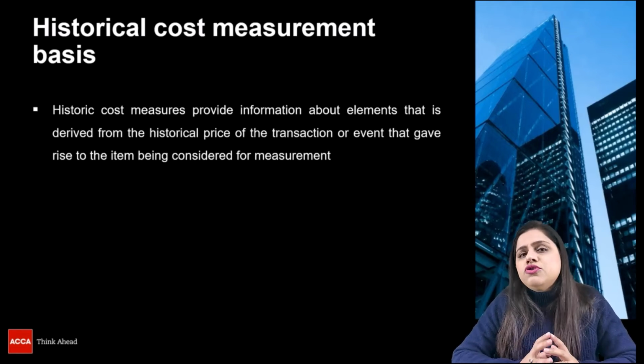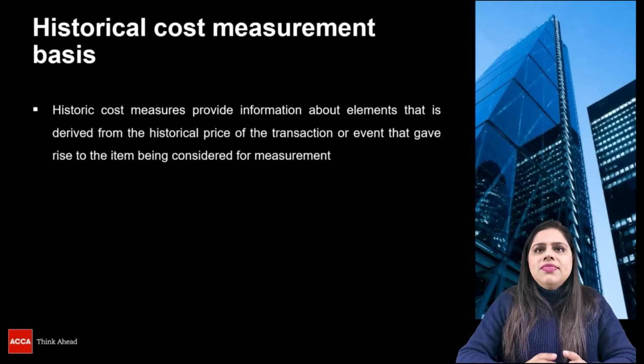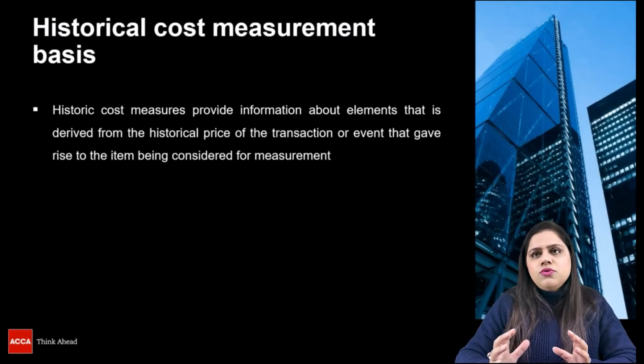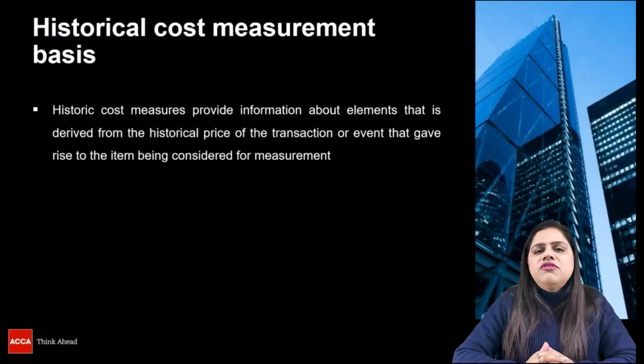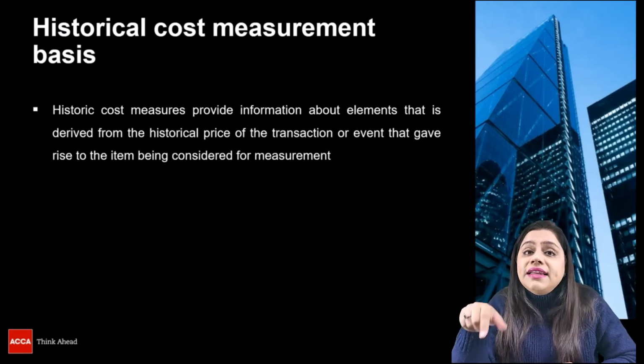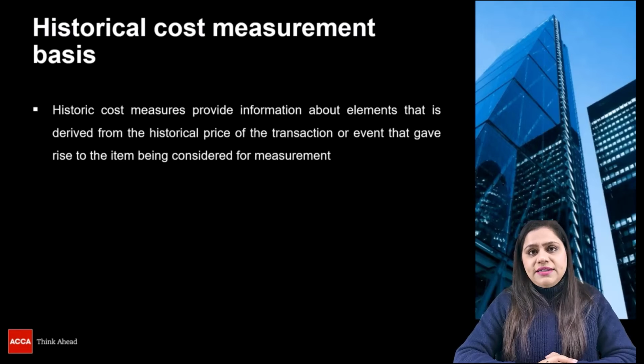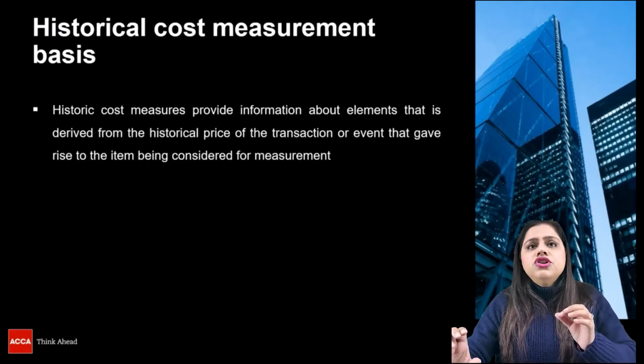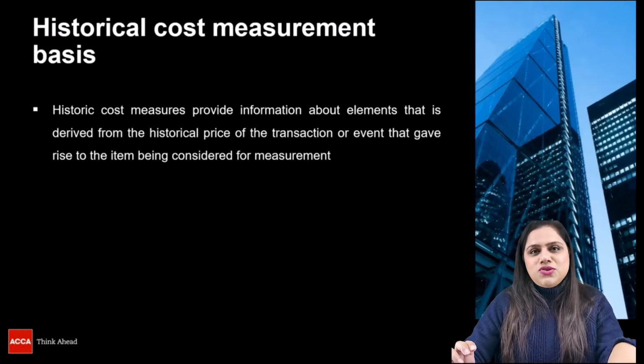Why? Because if you talk about property, plant and equipment, let's suppose you purchased an item of plant for $5,000, let's suppose 8 years ago. Now, historic cost concept means that today, the carrying value that you calculate of that item, the depreciation should be charged on the historic cost.